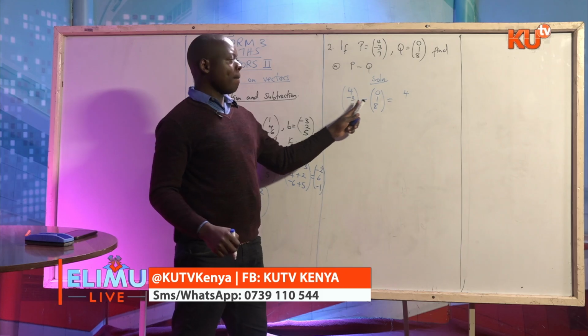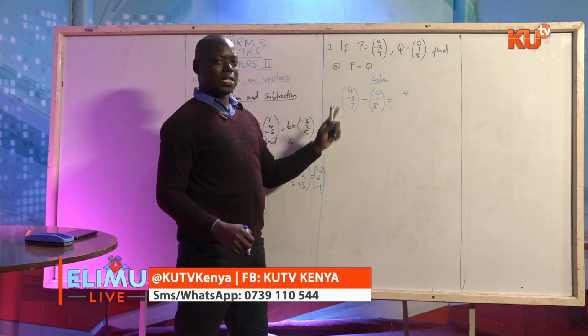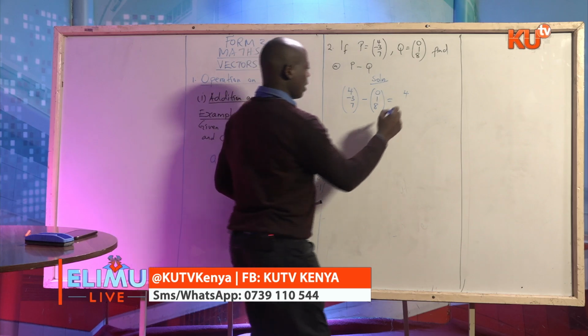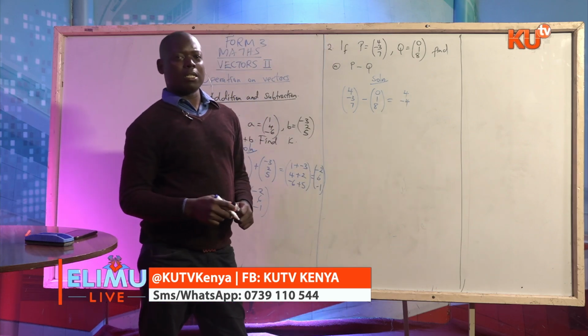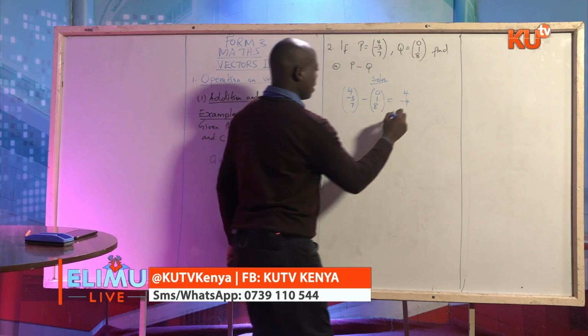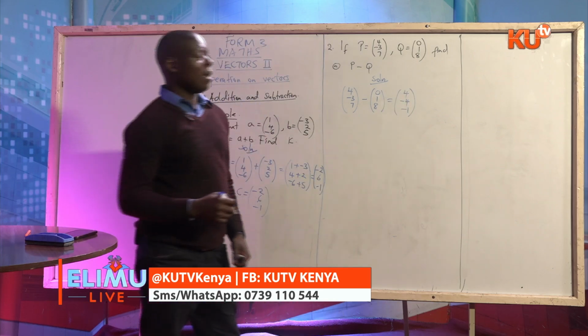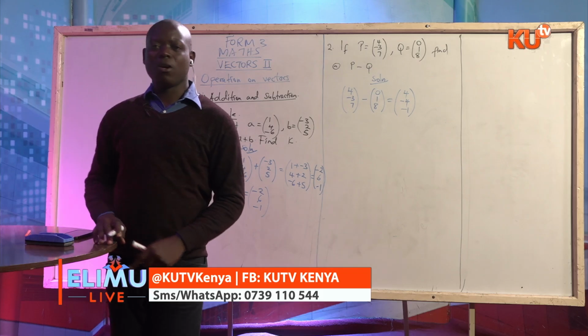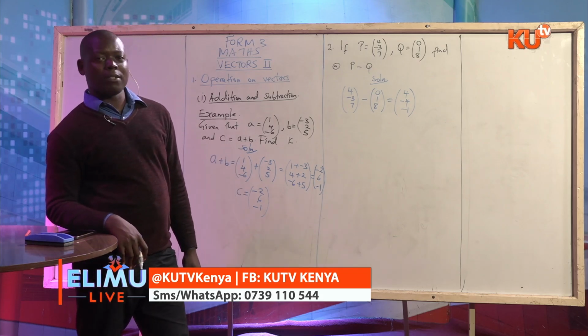Negative 3 minus 1 is negative 4. And 7 minus 8 is negative 1. Therefore, the vector P minus Q will be 4, negative 4, negative 1.